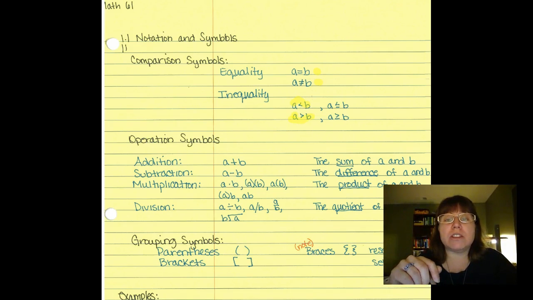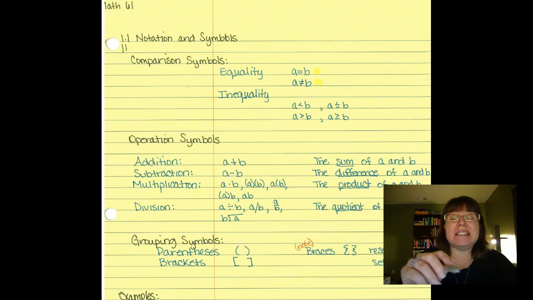And you might be asking yourself, how do you remember which is which? If you can remember which side the arrow is pointing, the smaller side is always going to be pointing to the smaller number.